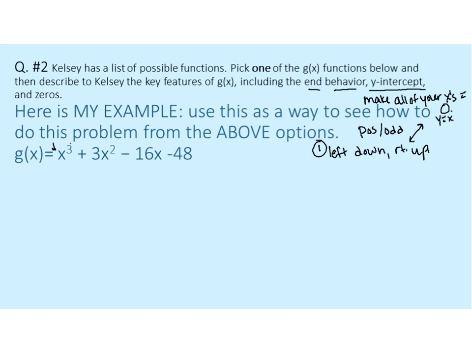So our ordered pair for our y-intercept, where we made all of our x's 0, is (0, negative 48). It's almost like we can just hide all of this stuff because that's going to 0, and then it leaves us with negative 48.